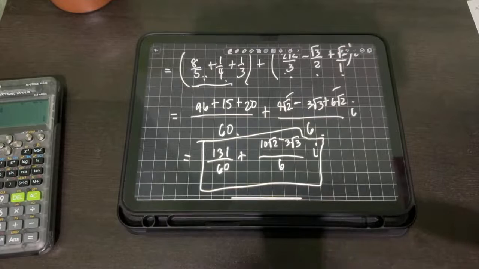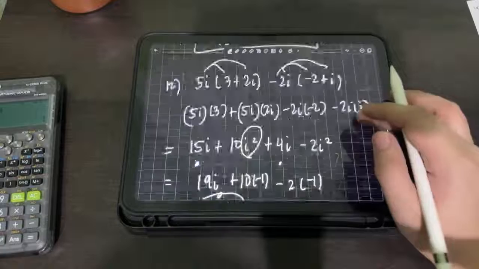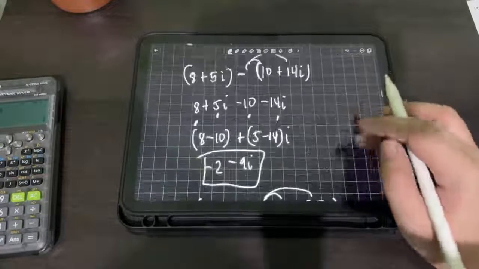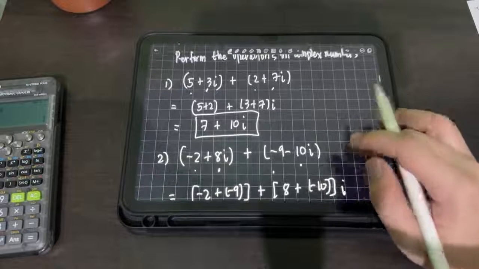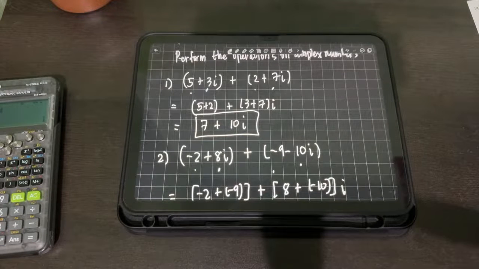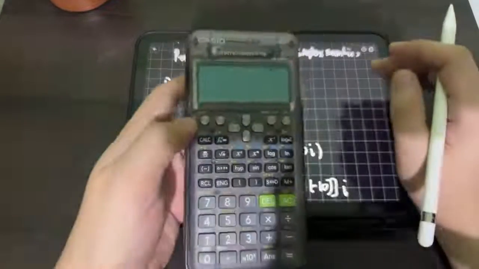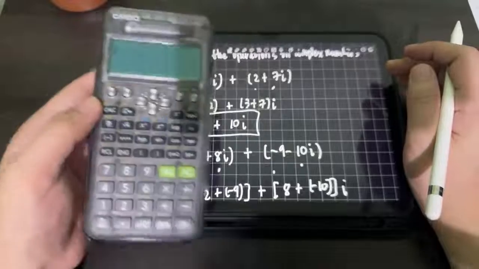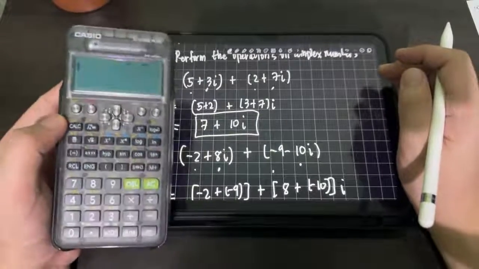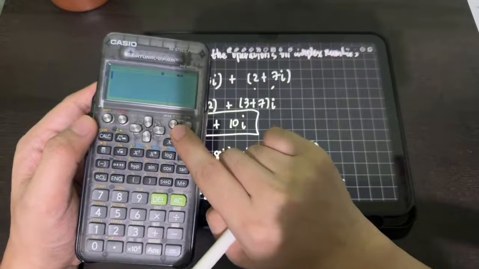Okay. Now, as promised, you can use a calculator to check if your answers are correct. So let's check our answers. Let's check if our manual computations are correct. So I will also use this calculator, Casio FX-570S Plus. So first step, go to complex mode.